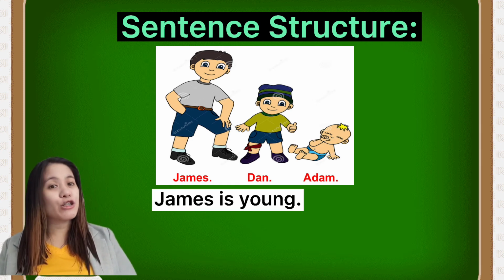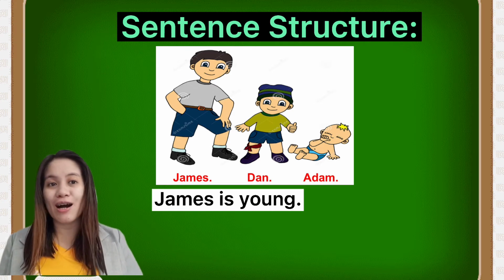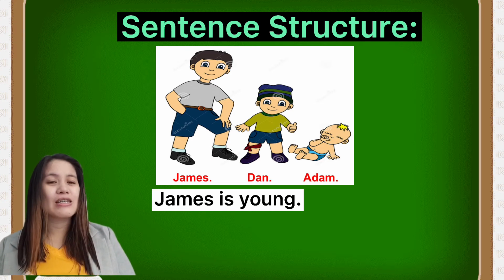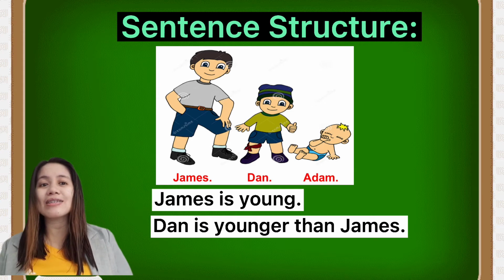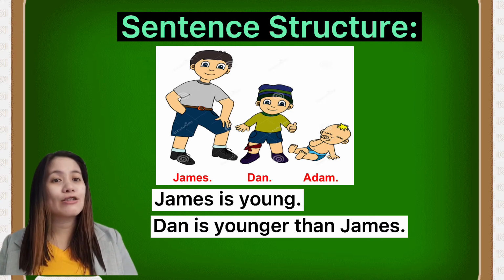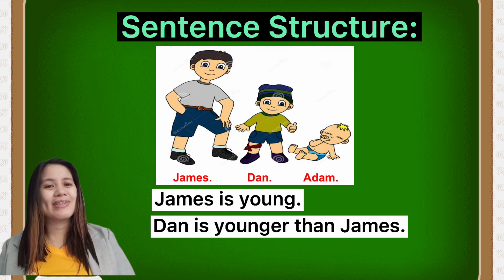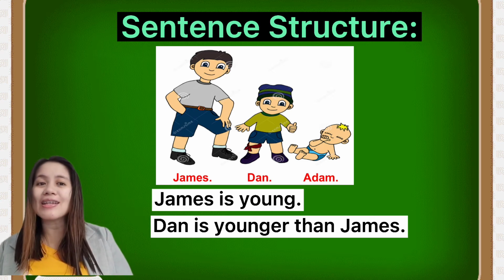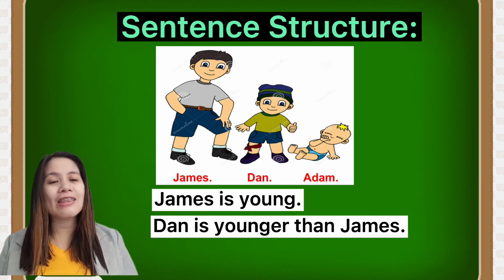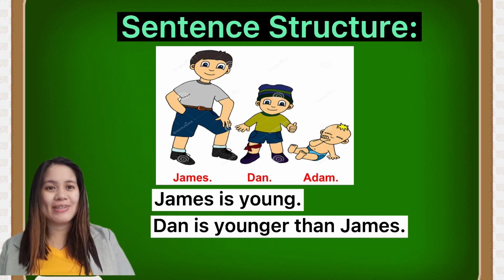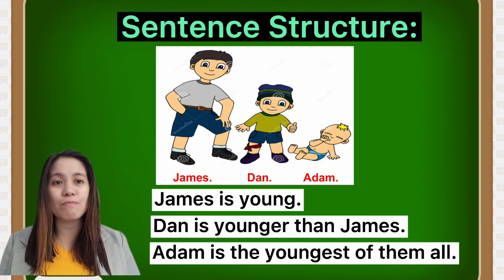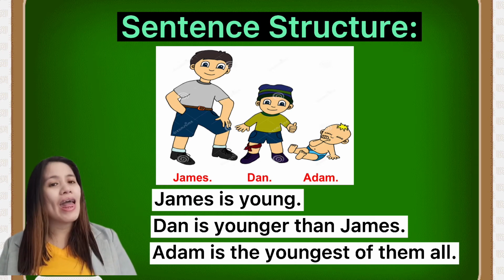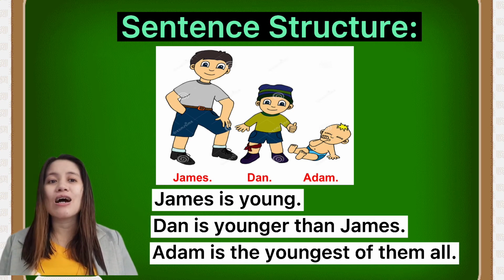So we say James is young. Dan is younger than James. And now look at Adam. Adam is the youngest among the 3 boys. Okay? Or we say Adam is the youngest of them all.